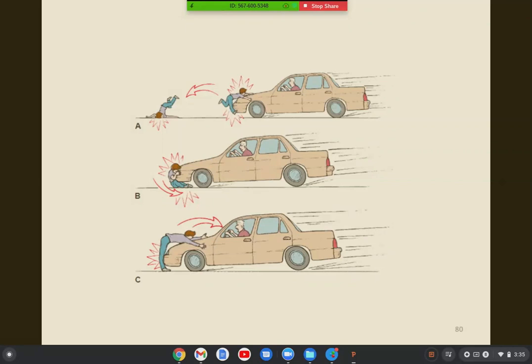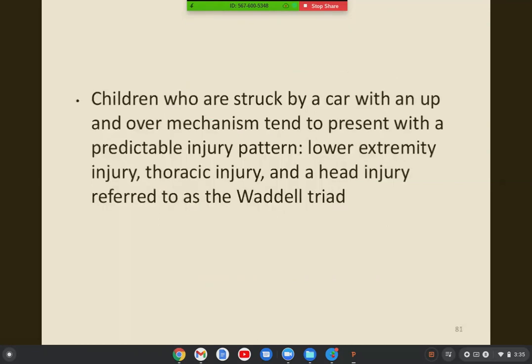The first pattern is when the child is hit on the thorax and taken over and under. Children who are struck by a car with an up and over mechanism tend to present with a predictable injury pattern: lower extremity injury, thoracic injury, and a head injury, which characterize themselves as Waddell's triad.